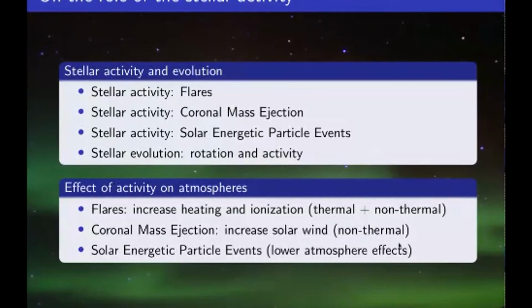But we have seen that if we increase Joule heating, we can also have a small effect or big effect when we are close in exoplanets on the thermal process. SEP, the large part will have an effect on the lower parts of the atmosphere, but we still can have protons that will lead to non-thermal escape.